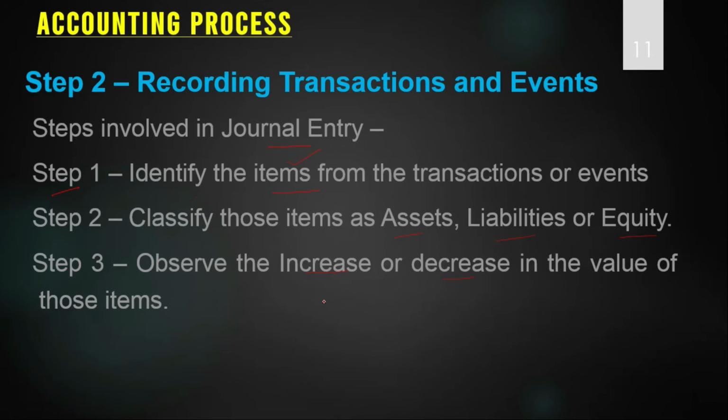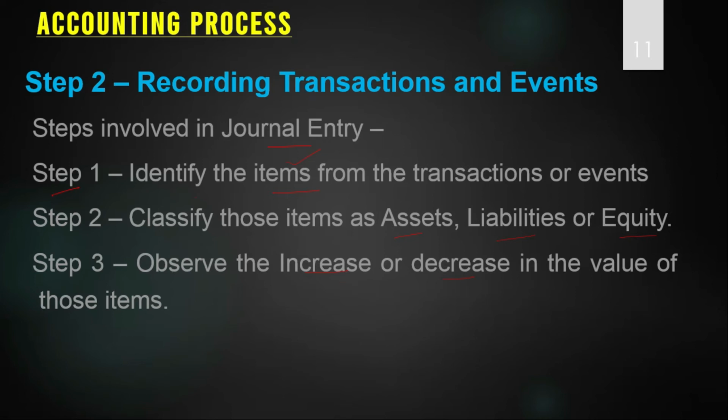For example, if you are purchasing equipment, equipment is an asset, which you identify at step 2. At step 3, you should observe whether this equipment is increasing or decreasing. If you are purchasing, of course it will increase. If you are selling the equipment, of course equipment will decrease. So this increase or decrease you must observe, you must identify.